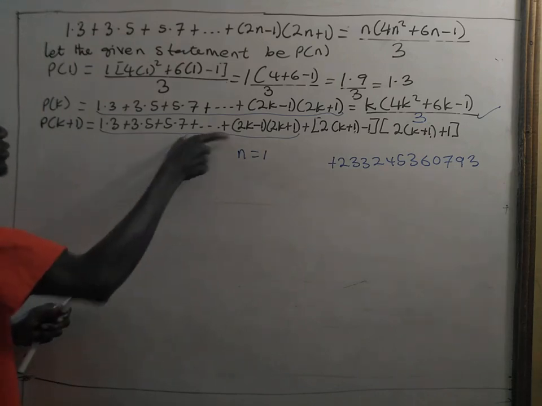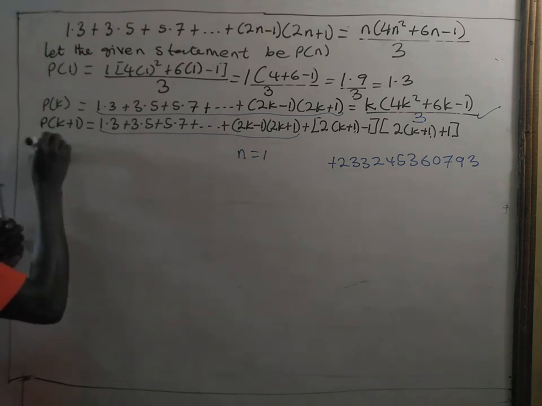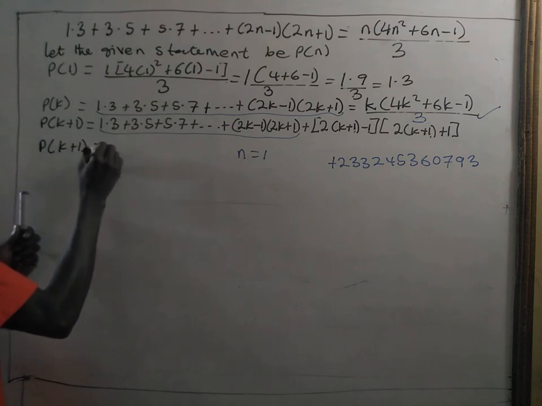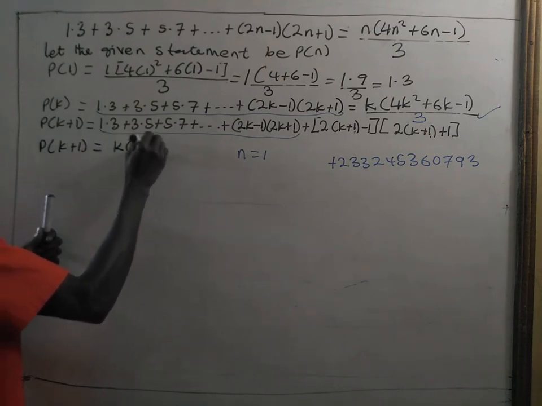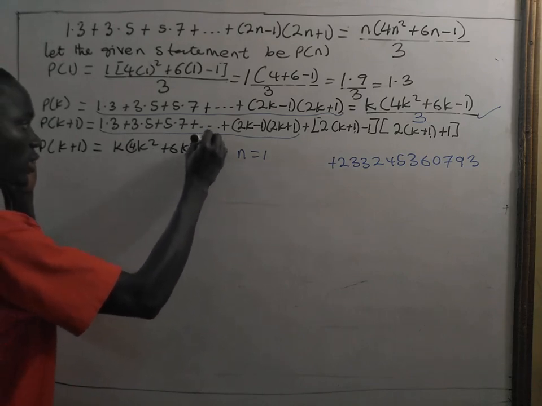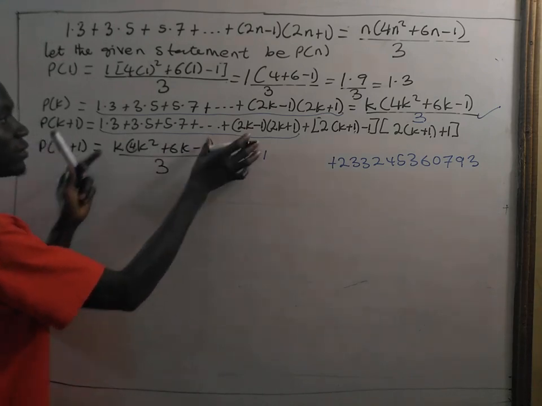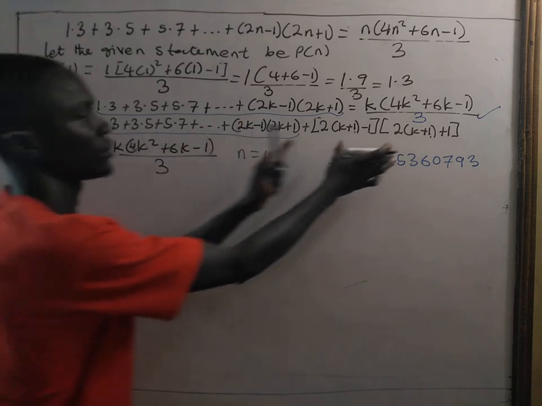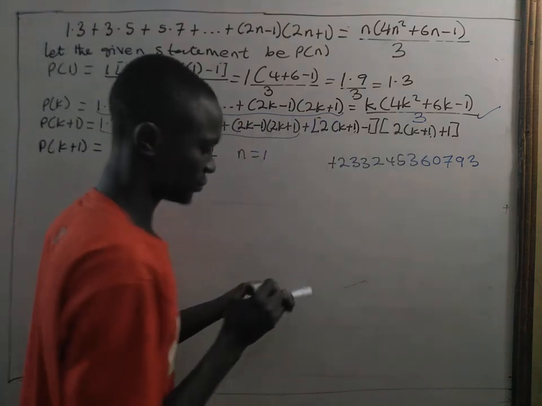So, in place of this, we have P(k plus 1) is equal to k times (4k squared plus 6k minus 1), all divided by 3, plus what we have here.